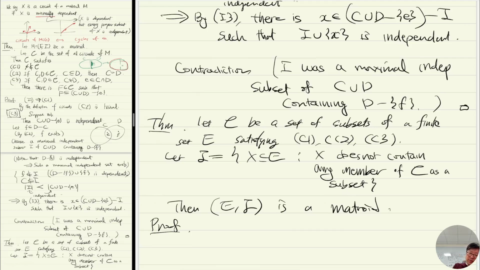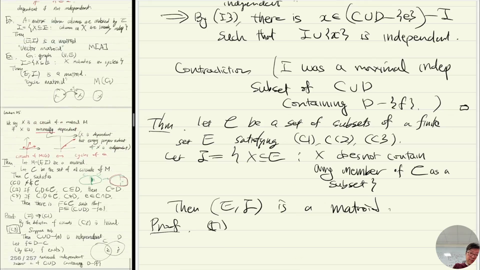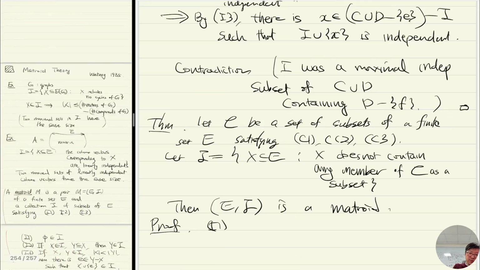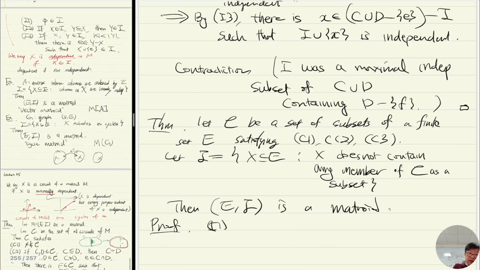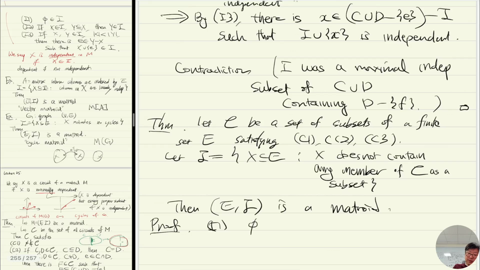All right. So how about I1? Okay, let me show you I1. The empty set is independent because C1 holds, right? The empty set is not a circuit. What about I2?